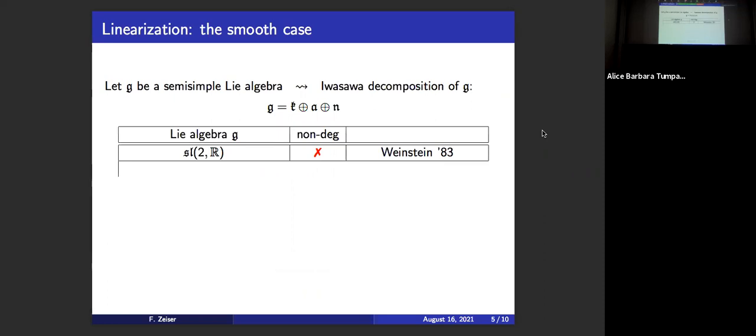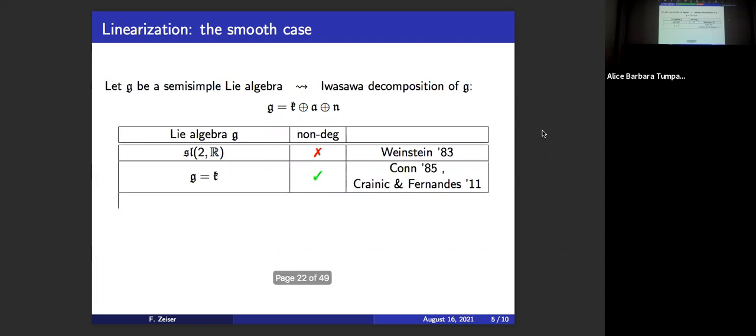And then what we know for semi-simple Lie algebras for this linearization result is the following. Again, Weinstein in the same paper showed that in the smooth case it's quite different, because for the Lie algebra SL2R, he showed that it is Poisson degenerate. So one cannot always find such a diffeomorphism.